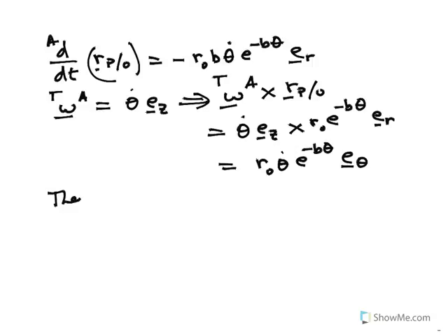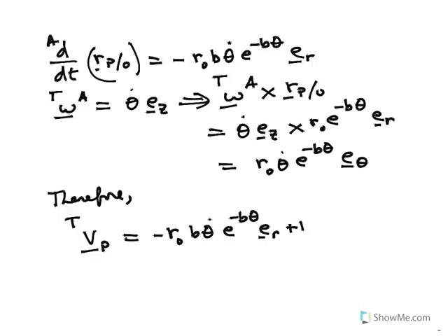So therefore, the velocity of point P as viewed by an observer fixed to the track is equal to minus R0 times b theta dot e to the minus b theta times ER plus R0 times theta dot times e to the minus b theta times e sub theta.